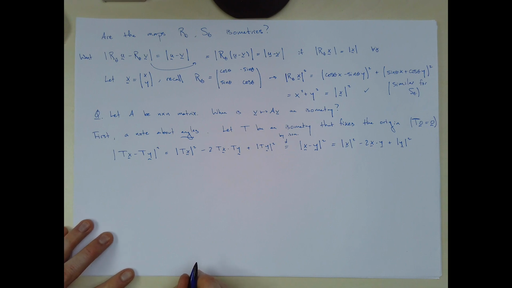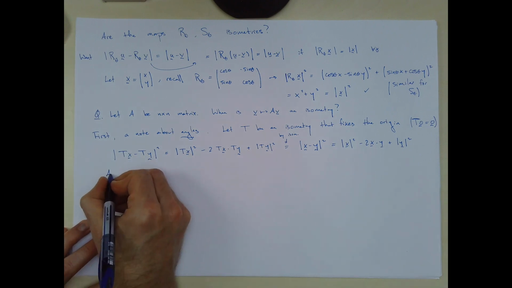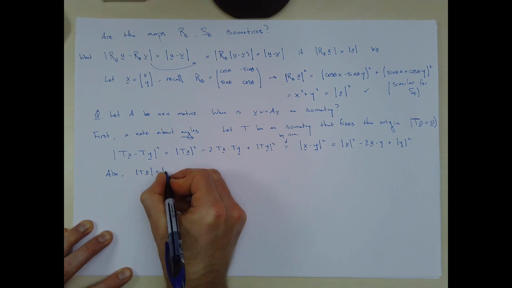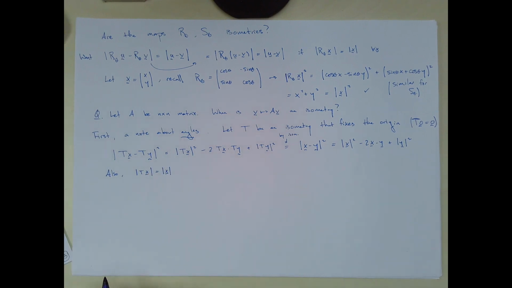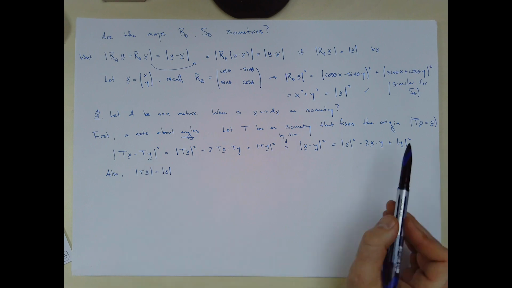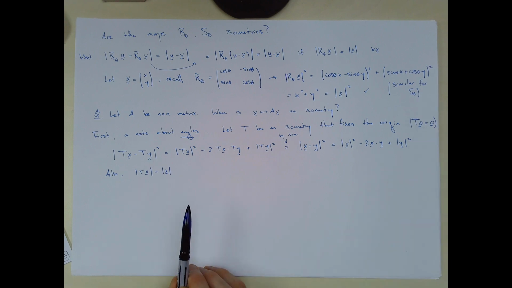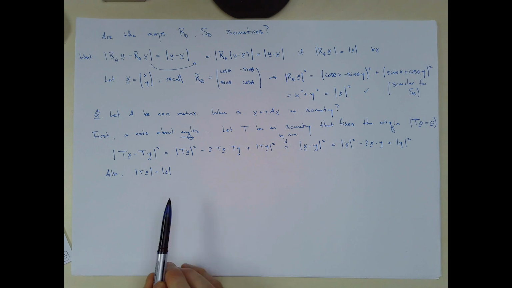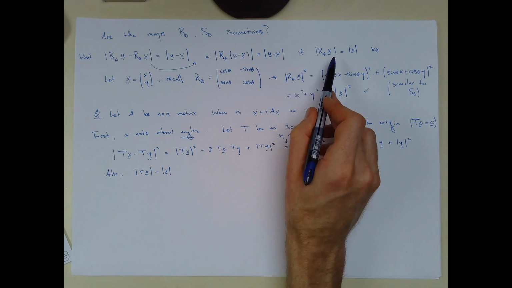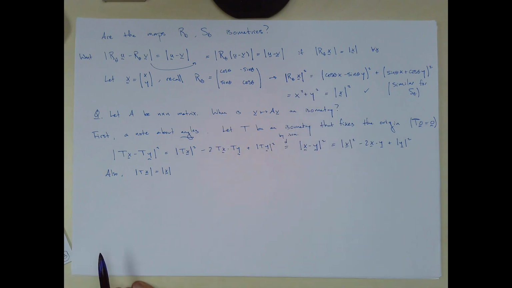Okay, but it's also the case that magnitude Tx is magnitude x. And you can see that by going back to the definition of isometry and setting y equal to the 0 vector and using that the isometry fixes the origin. So it preserves the length of any individual vector, similar to what we were doing in the calculation up there.